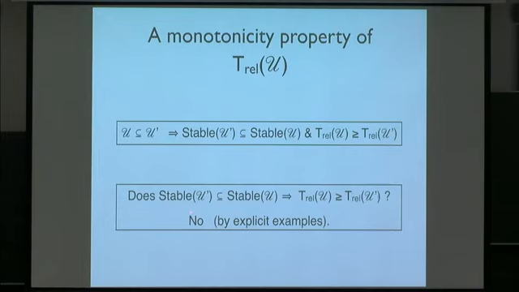And actually the answer, just by looking at specific examples, is false. So it's not true that if a model has more stable directions, then automatically the relaxation time of the associated KCM is bigger than the relaxation time of the other model. Okay, so this is important.